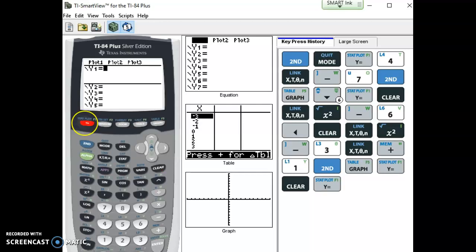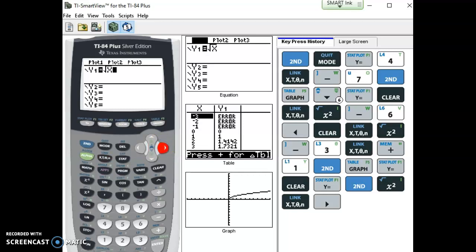So let's go y equals. And how do you find the square root button? It's right above the x squared, because it's the opposite of that. If you use the same number twice and multiply, it's the opposite of doing the square root. So this was the square root of x, and I've got to get out, so follow that blinker, and get to the right using the right arrow key, and subtract 7.